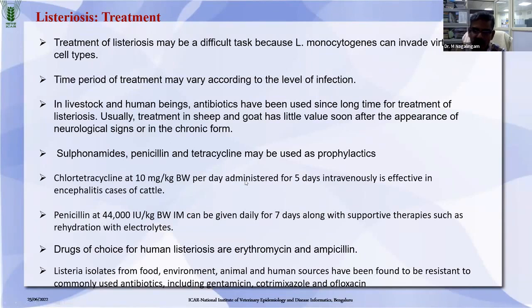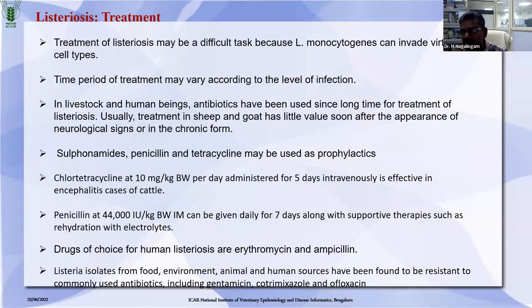For treatment purposes, we can treat with chlortetracycline for 5 days, penicillin for 7 days, and based upon the status, fluid therapy and other things can be given. Even to reduce the inflammation of the brain, DEXA can be given even if the animal is pregnant, because we may not know whether the pregnancy will be maintained or not. So to save the animal, we can give dexamethasone also.